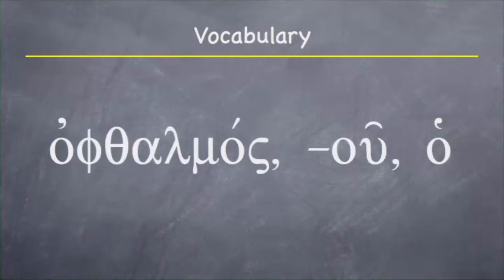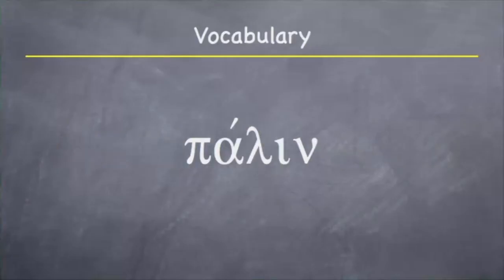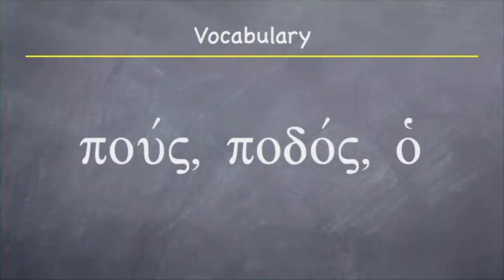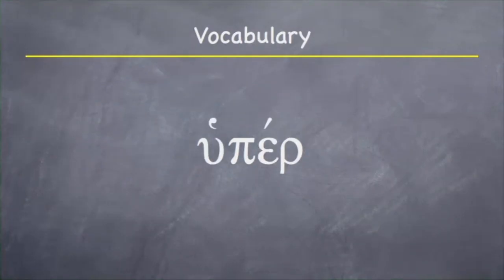Ophthalmos, ophthalmou, ho: eye, sight. Palin: again. Pous, podos, ho: foot. Huper: with the genitive, in behalf of; with the accusative, above.